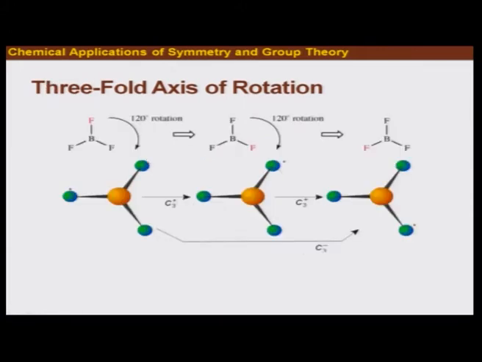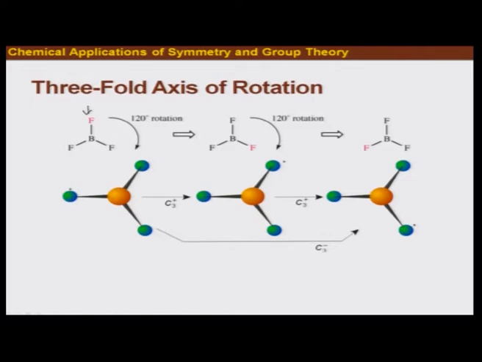Okay. Now let us come to the threefold axis of rotation, which we have already looked at in terms of ammonia. This is another example which is boron trifluoride. So here you can see that one fluorine is marked by a different color than the other fluorines, so that you can actually distinguish them.